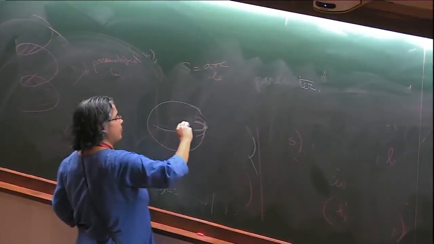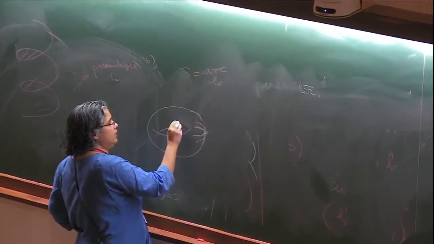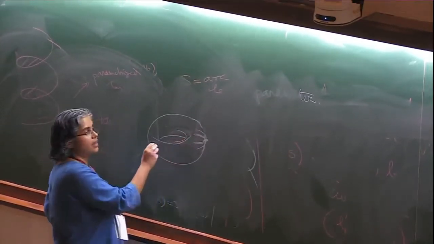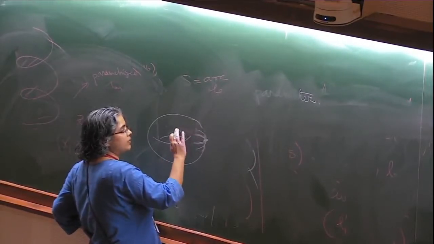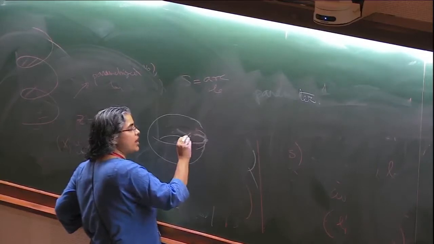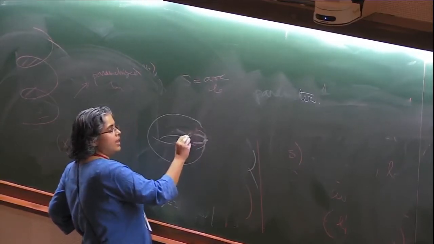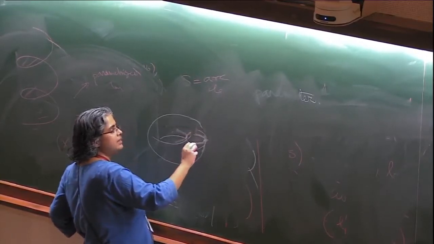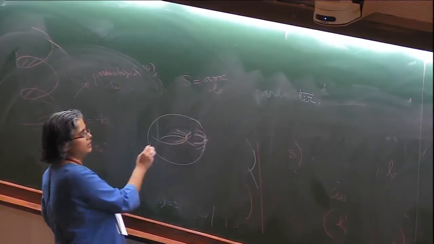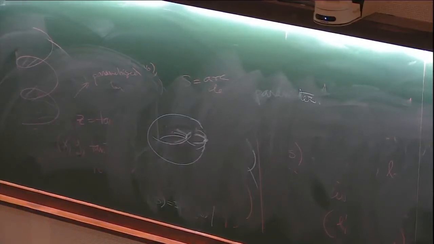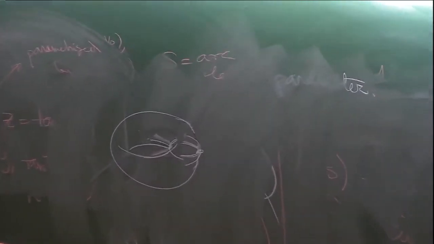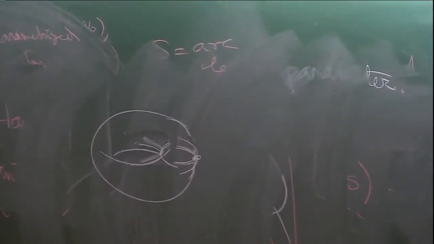Whereas here, there is one principal direction like this, and the other one is like this. So this has negative curvature. If the two principal curves turn opposite from each other, then the Gaussian curvature is negative. If they turn in the same side, then they are positive.